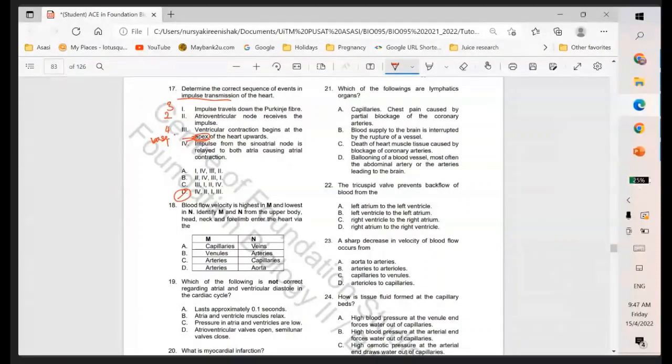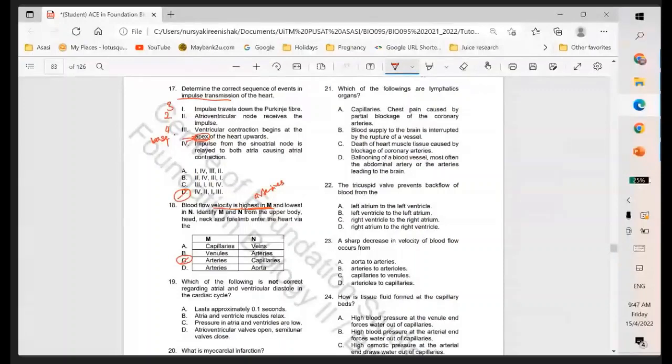C. Sebab M is obviously artery, sebab artery kena pump blood pergi semua tisu, sebab tu dia kena high velocity. Okay. So A dengan B tu boleh cancel out. And then D tu salah because aorta dia bukan transfer blood masuk heart, dia transfer to all parts of the body.